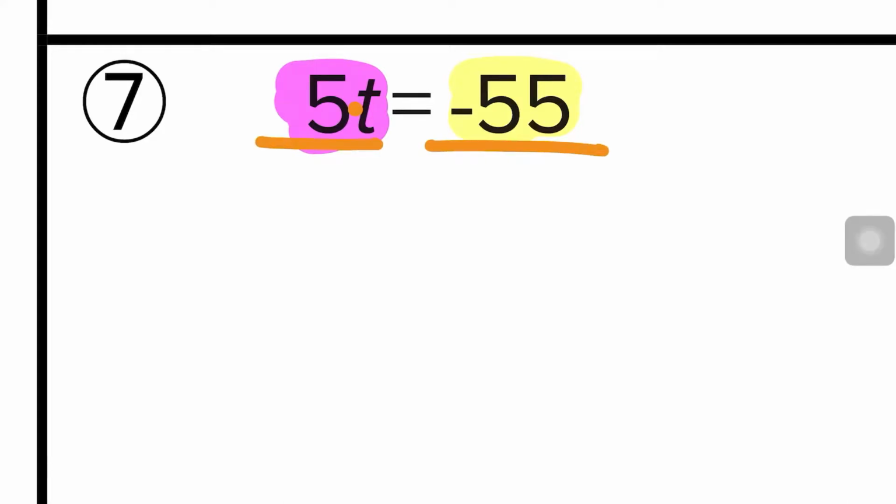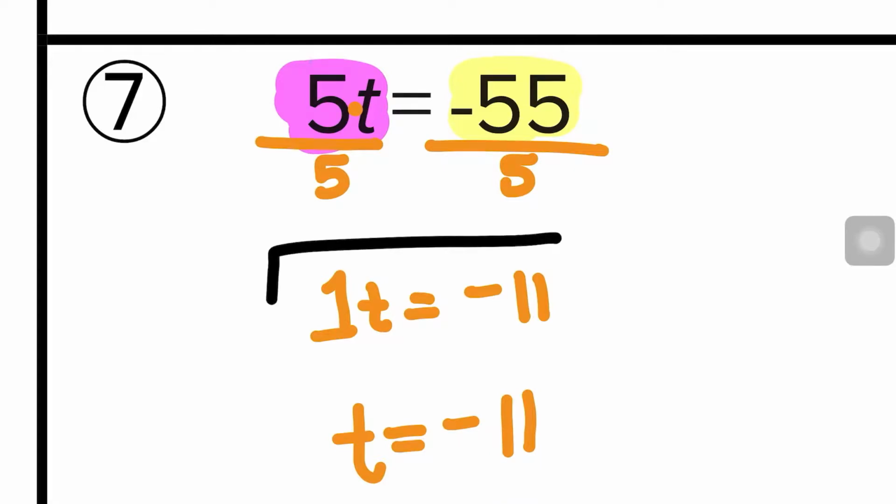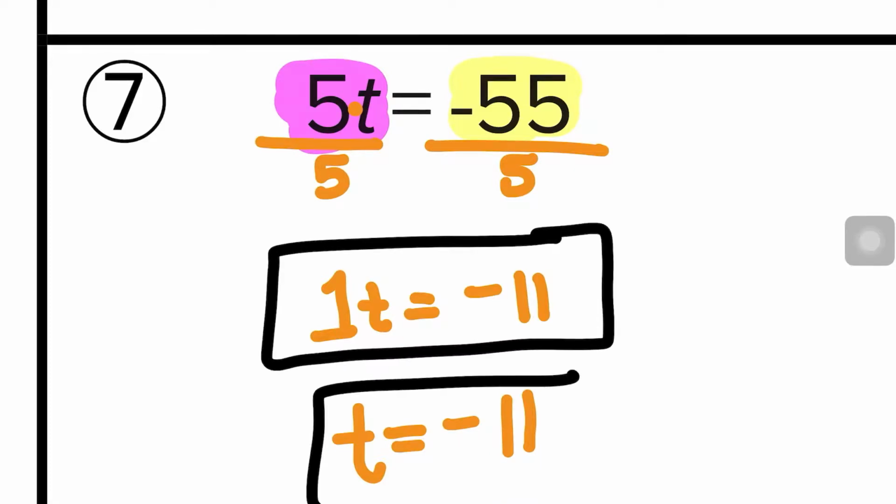Now you have to think, 5 divided by what number will give us a 1? Because we want a coefficient of 1. Well, 5 divided by 5 will give us 1t. And 55 divided by 5 is negative 11, or t equals negative 11. Either one of these is correct.